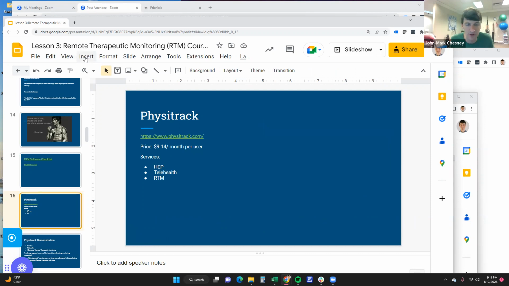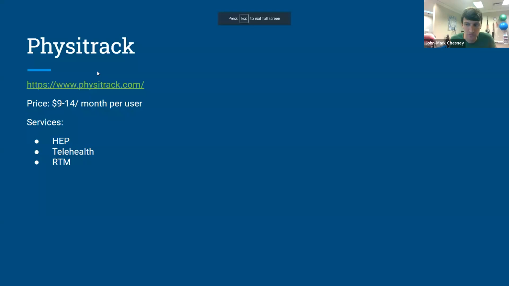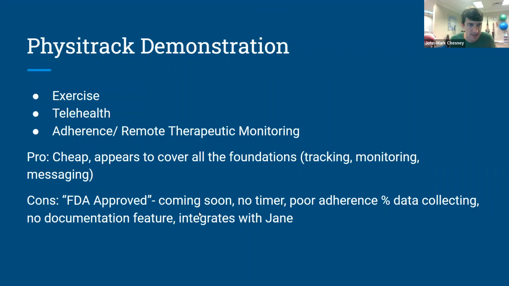They charge you no additional fee. You can bill out thousands of dollars of RTM and your fee is the same, regardless of if you're using RTM or not. All right. So I've already gone over PhysiTrack.